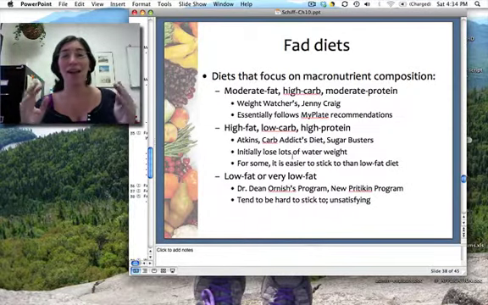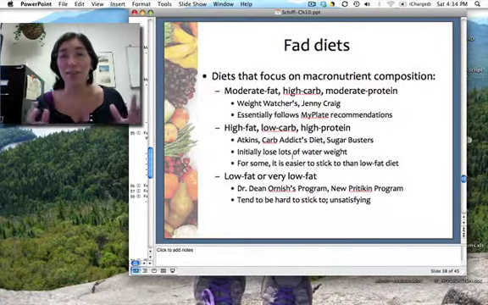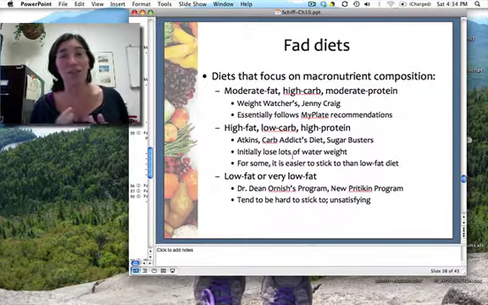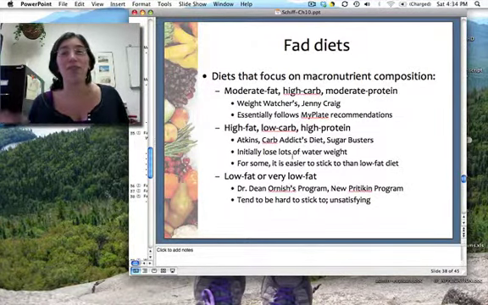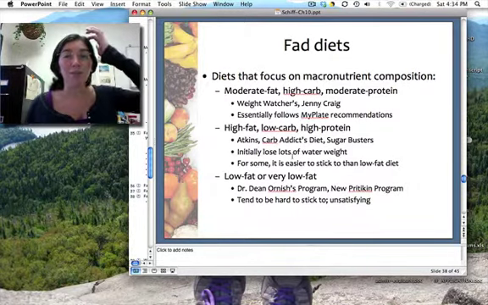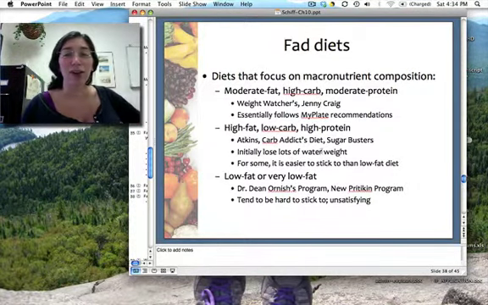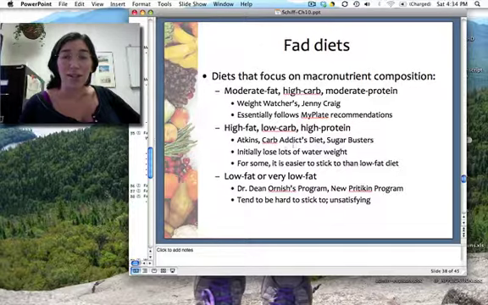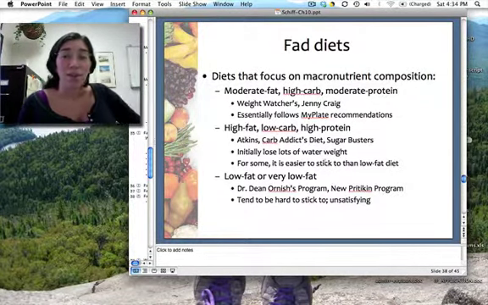Your cells that contain glycogen also contain water. Water is stored with glycogen. So as you break down glycogen, you're also losing water. So initially you lose a lot of water weight in these low-carb diets.